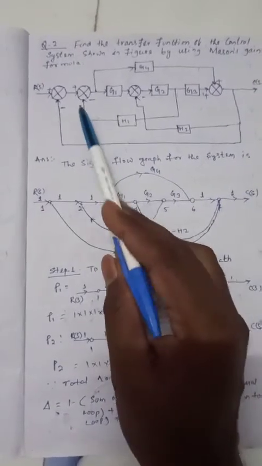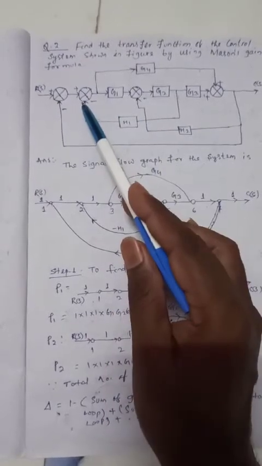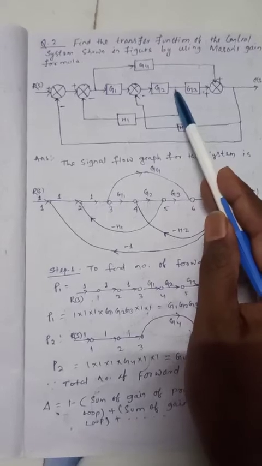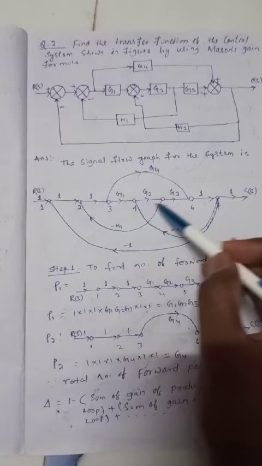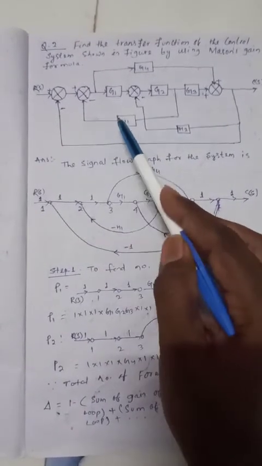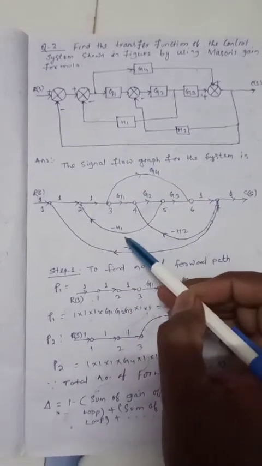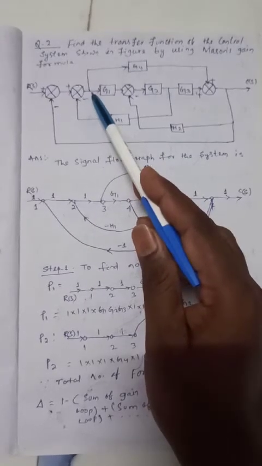Then this is noted as node point 2. After the G2 block, one takeoff point is there, that is node 5. Nodes 2 and 5 are connected with the feedback path gain of minus H1 because of this minus sign. Then this takeoff point is noted as node 3.